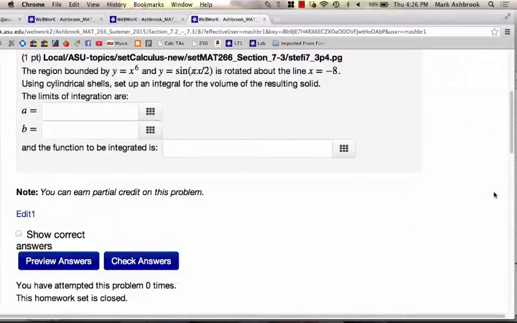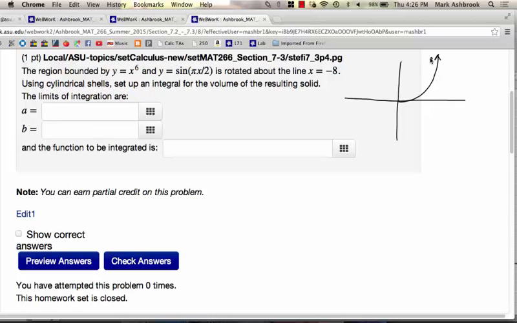Okay, so we've got y equals x to the 6th and y equals sine of pi x over 2. Y equals x to the 6th will look like this.